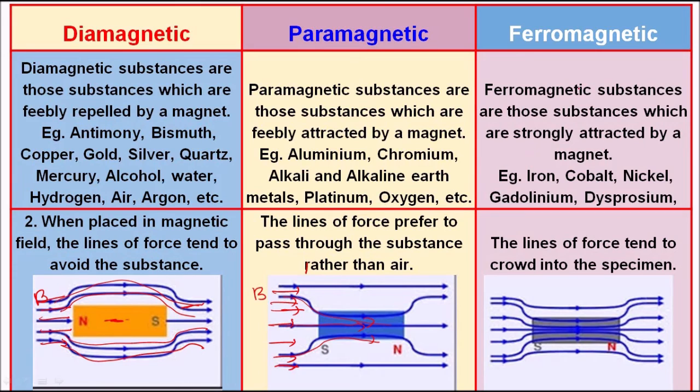Then next is the ferromagnetic material. Ferromagnetic substances are those substances which are strongly attracted by magnets, and the examples are cobalt, nickel, gadolinium, dysprosium, and iron. We know iron and steel are also examples of ferromagnetic materials.